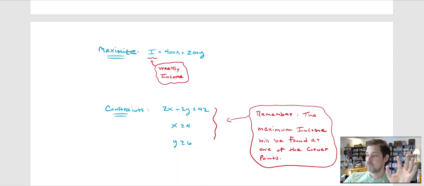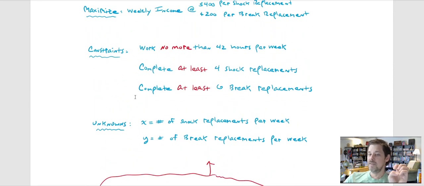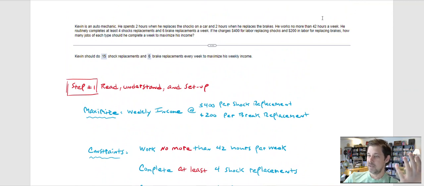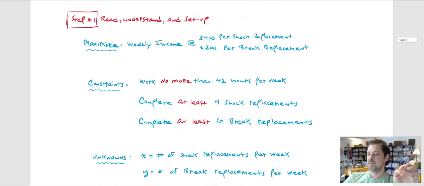Now about the constraints, what I need to do next is take each of these statements and turn it into an inequality. So if it says that this particular mechanic can work no more than 42 hours per week, how do I turn that into an inequality? Well, let's see.